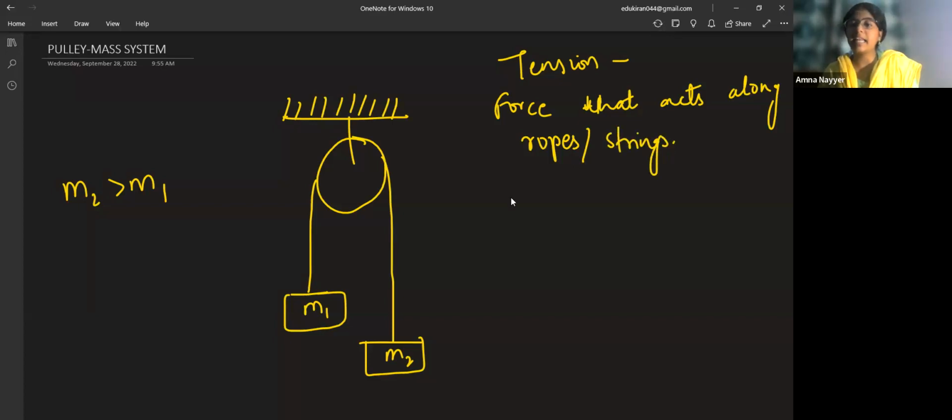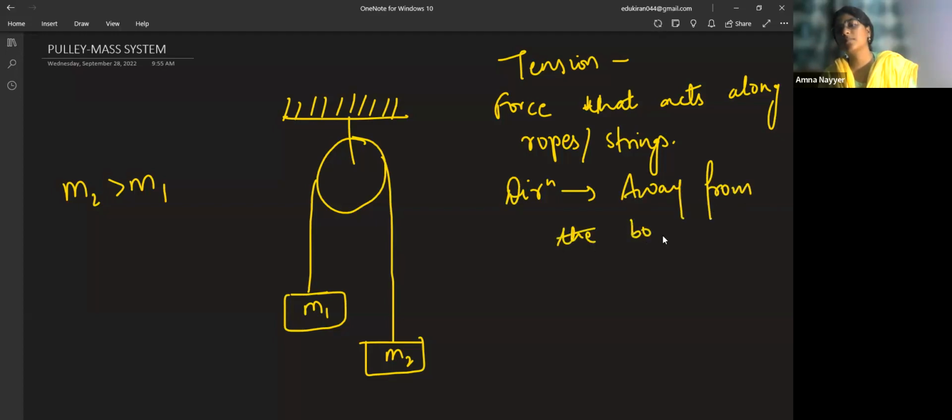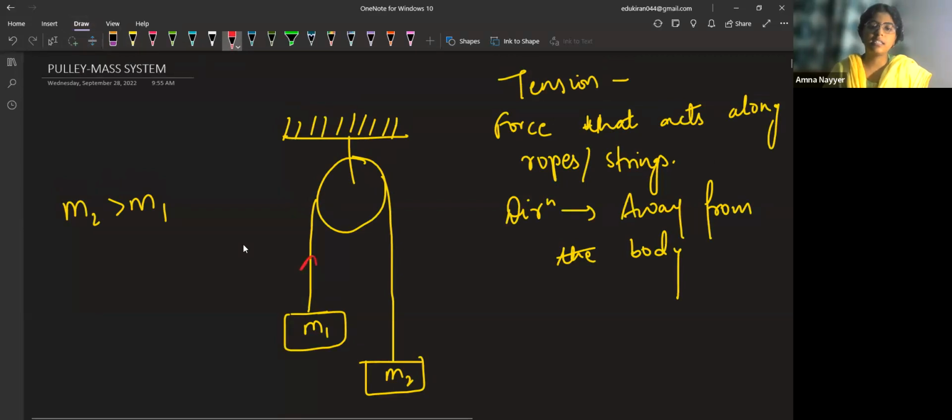This is directed away from the body. Direction is away from the body. So here also what will happen? Tension force will occur. Here tension, here also tension. Away from the body, away from the body.